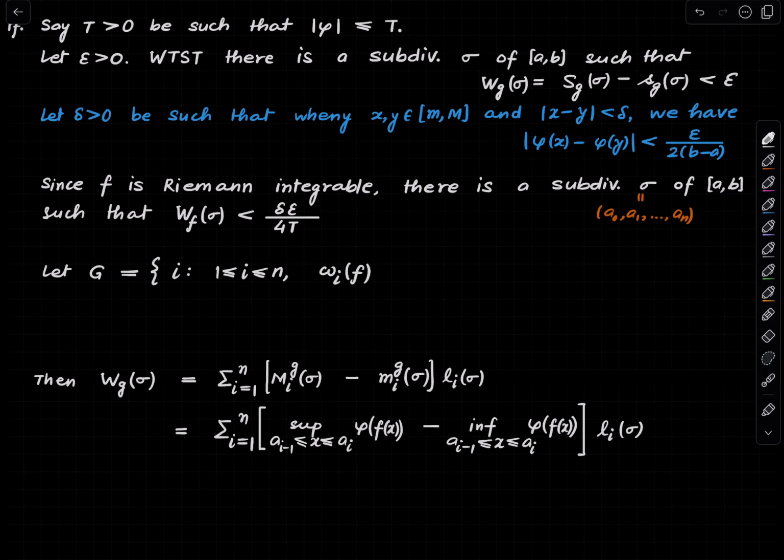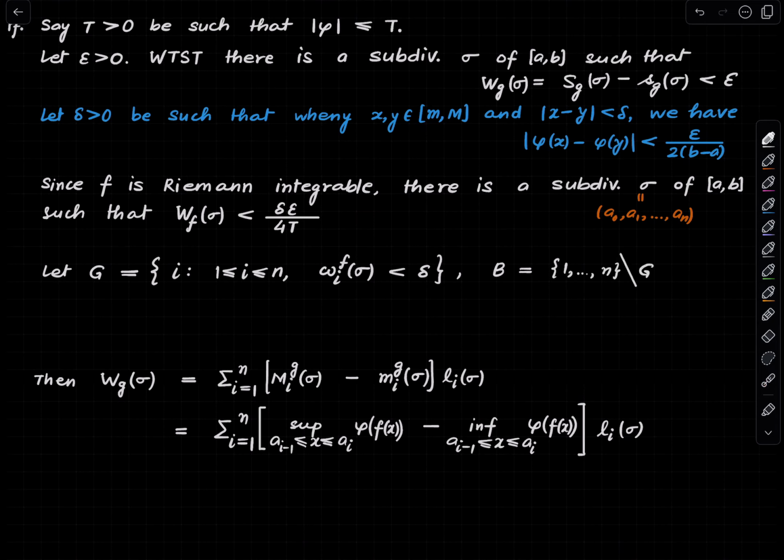So what have I written? This is small. So this is the difference of the supremum of f over the ith part of sigma and the infimum of f over the ith part of sigma, right? As we just said. So those are the indexes of the good parts, and the bad parts are those which are not good. So B is the complement.